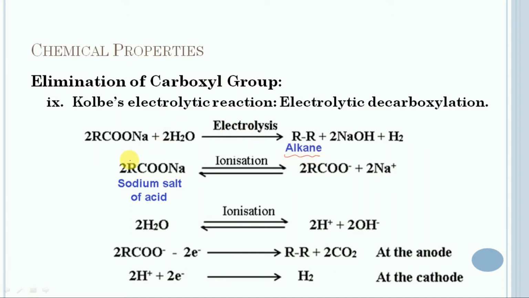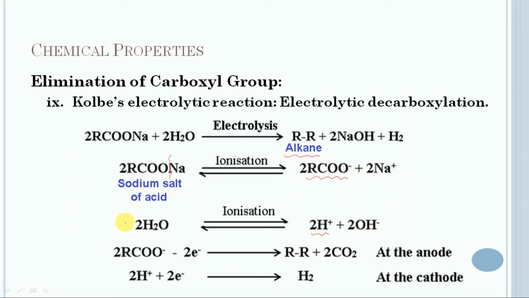So it will involve two steps. The first one, that is the ionization of the sodium salt of the acid. In this case carboxylate ion will get formed, and in the second step the ionization of water will take place. In this case proton and hydroxyl ion will get formed.